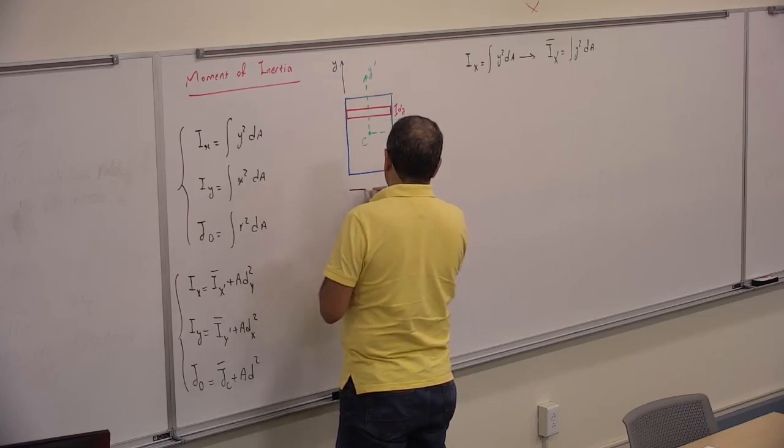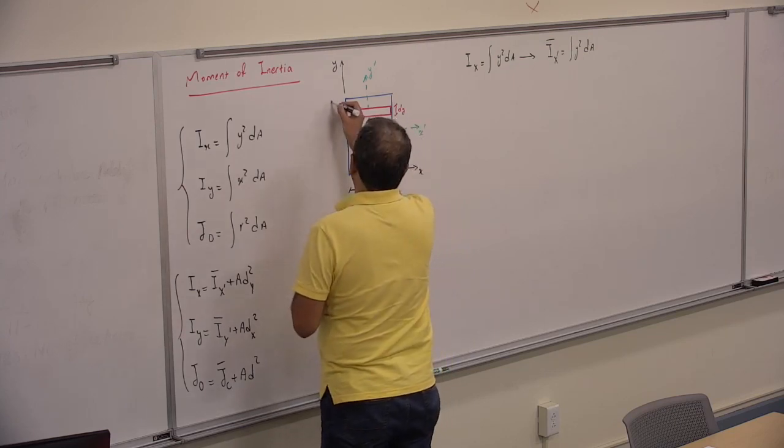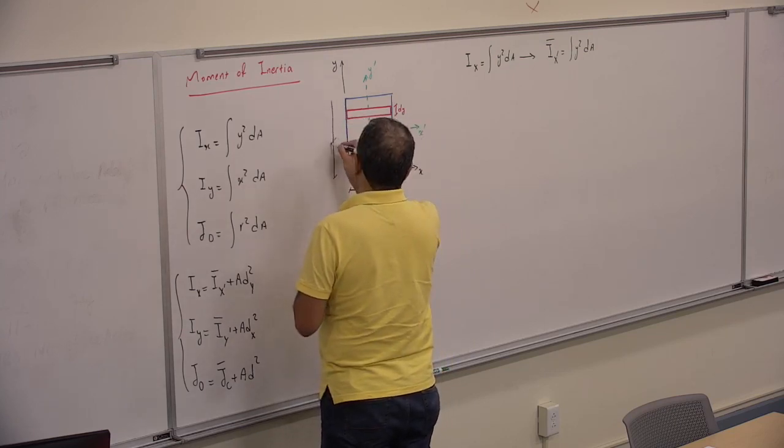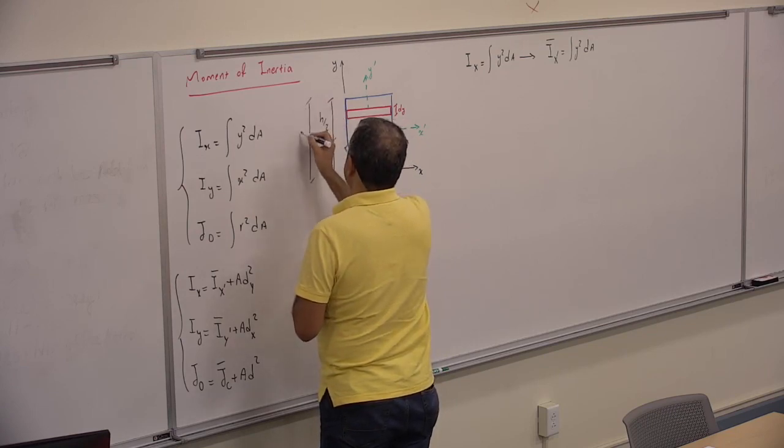So the entire width is b, so this is b, and then the entire height is h.